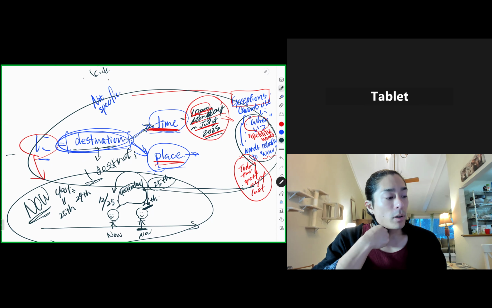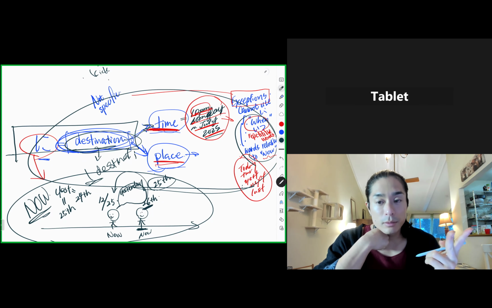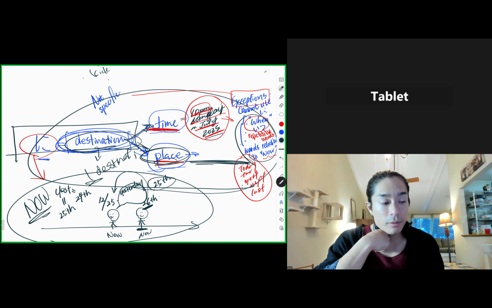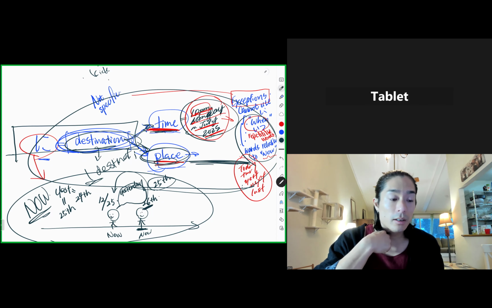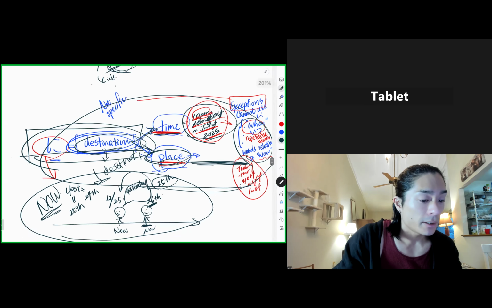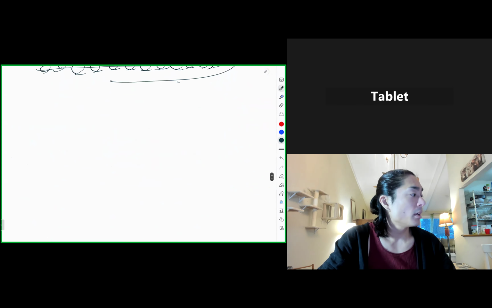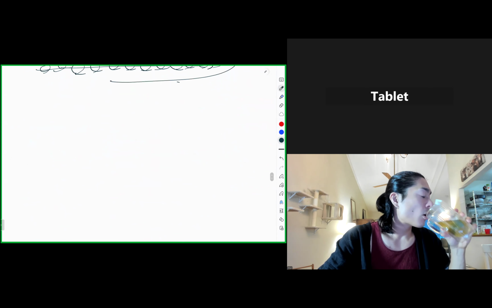Just remember one main function, and that's destination. Destination in terms of two categories, time and space. Space meaning place, somewhere you go. Time has to be specific because ni is destination. All right, we're going to move on to de.